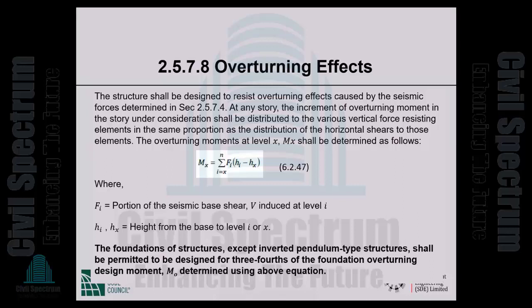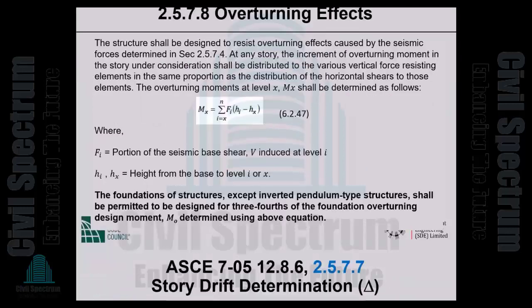But whether it was 25% or some other number, I can't remember. But we had that a long time ago, and it was kind of interesting to find it. The foundation. This is obviously very important. The foundations of structures, except inverted pendulum structures, shall be permitted to be designed for 3/4 of the foundation overturning design moment determined using the above equation.